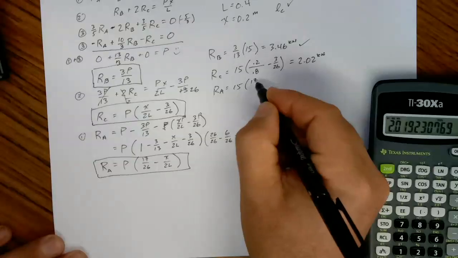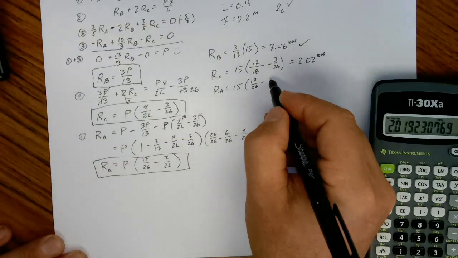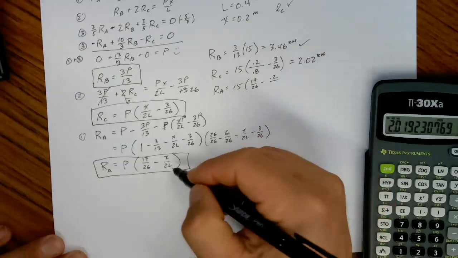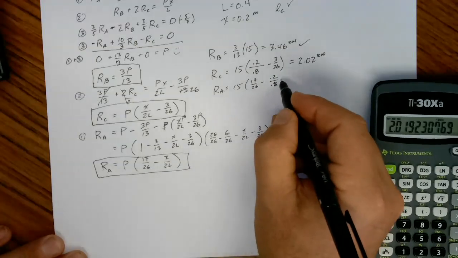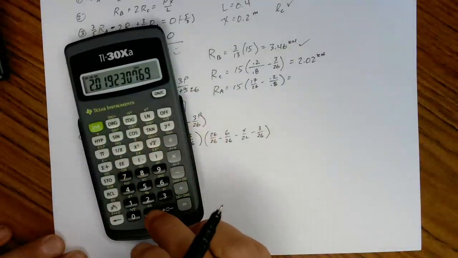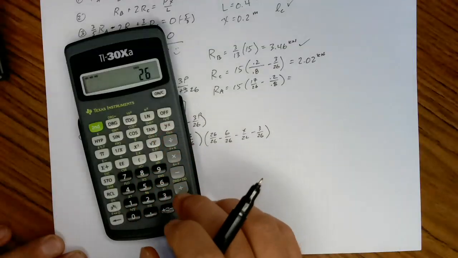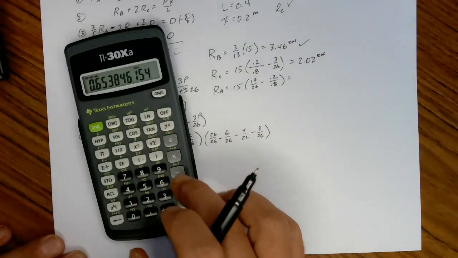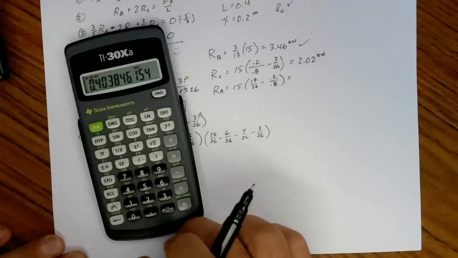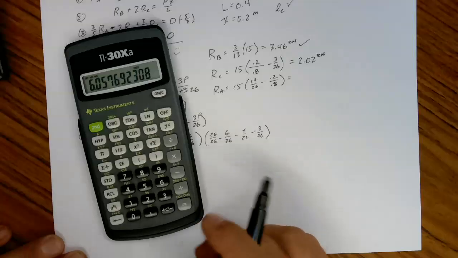And RA equals 15 times, 17/26 minus X over L, 0.2 to 2L, 0.8, 1/4. And so now I'm going to do 17 divided by 26 minus 1/4 of that amount of 15.